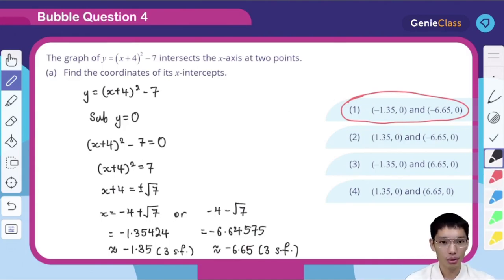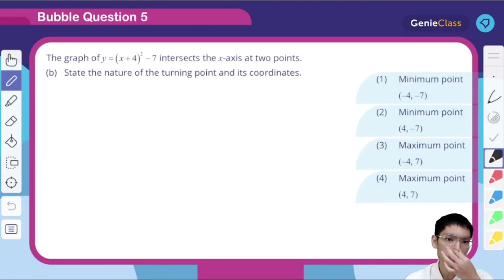Now moving on again. For this one, you don't need the answer for B, but let's see how you all solve. Launching the bubble launcher in 3, 2, 1, let's go. You don't need the previous answer, but let's see how you all do it. Very nice. For the rest, let's give it a shot. Who has yet to answer? This one should be quite okay. I'll wait for a while for the responses. Very good.